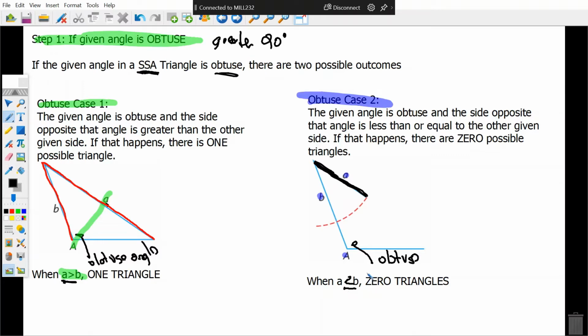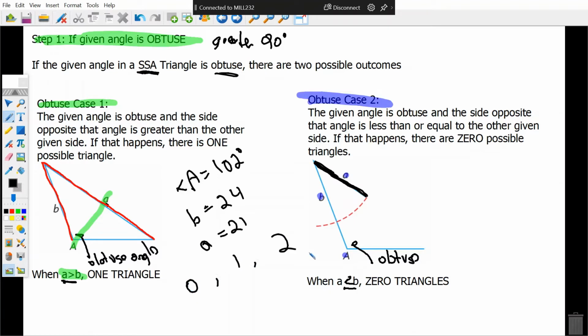The type of question you would get on a test might say angle A is 102 degrees, side length b is 24, side length a is 21, and ask how many triangles: 0, 1, or 2.